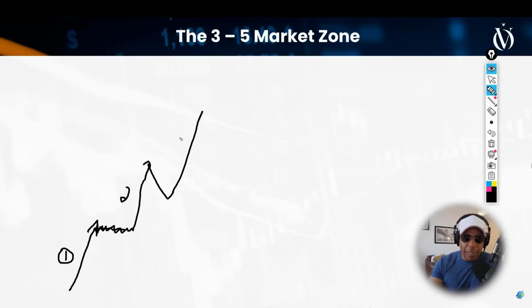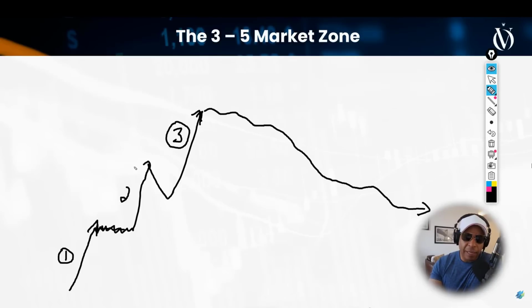And boom! Here's move 3, that is more likely now to have some type of change. Why? 3 legs have been achieved. And this is what we're talking about today. How to read the market's legs, the market's beautiful legs.